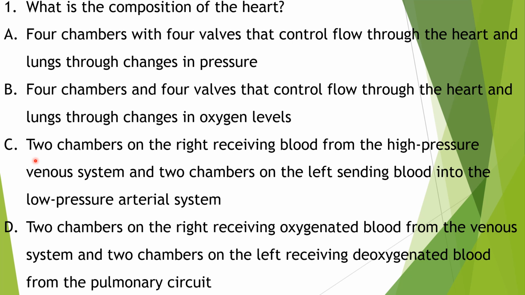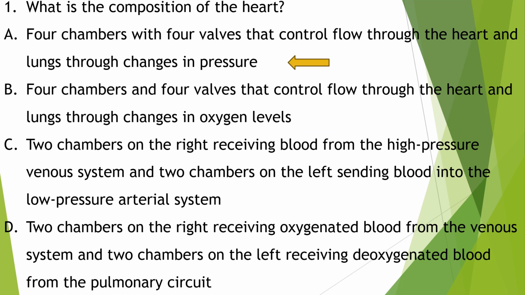So flow from the heart is controlled through changes in the pressure, not oxygen. So the second one is wrong. The arterial system is a high pressure system and the venous system is a low pressure system.